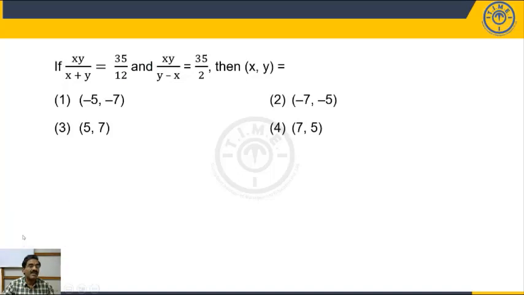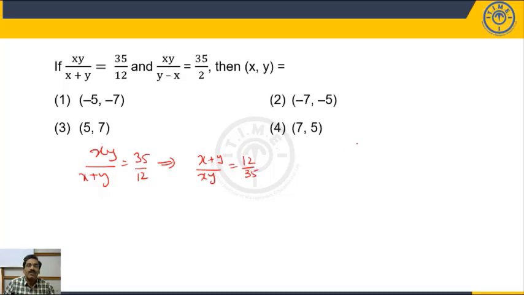So if you look at the different ways of answering the question, first we look at the original way of getting the answer for this one. As xy by x plus y is given as 35 by 12, reciprocating that, that means numerator and denominator swapped, it will become x plus y by xy is equal to 12 by 35.